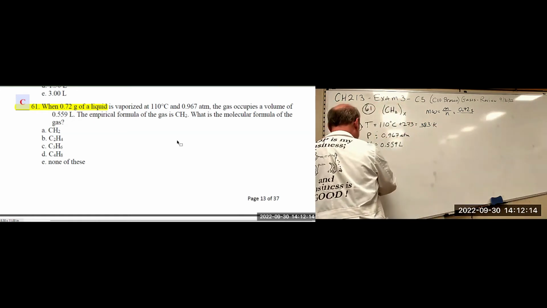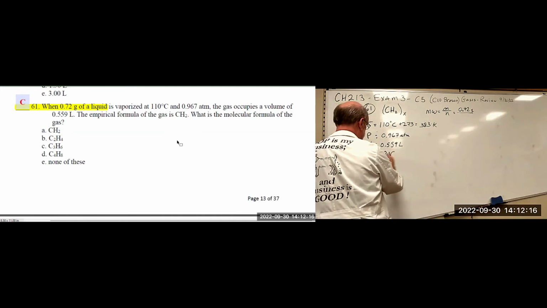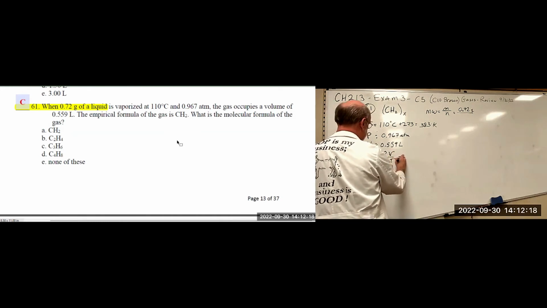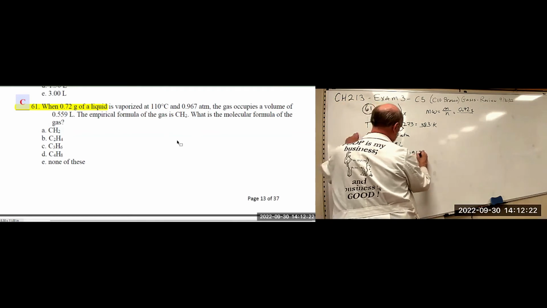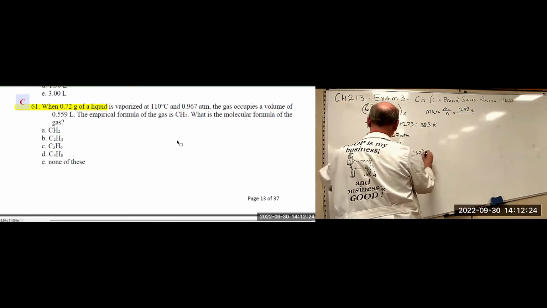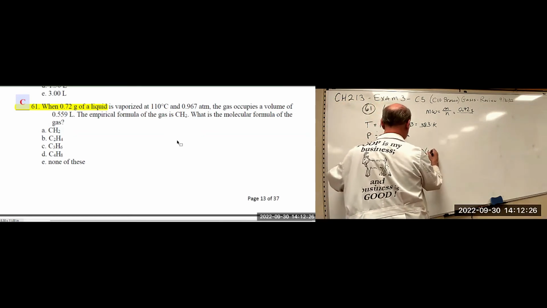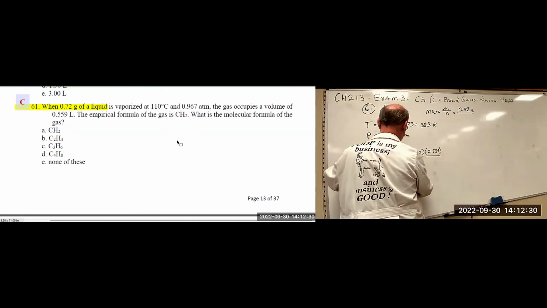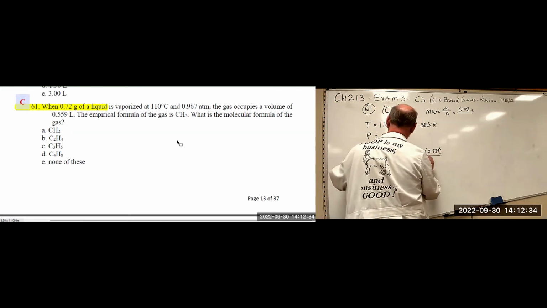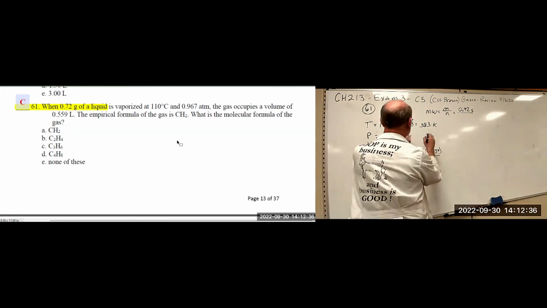Okay, and now we can find moles. PV over RT, right? Pressure in atmospheres, volume, R, and T, 383.